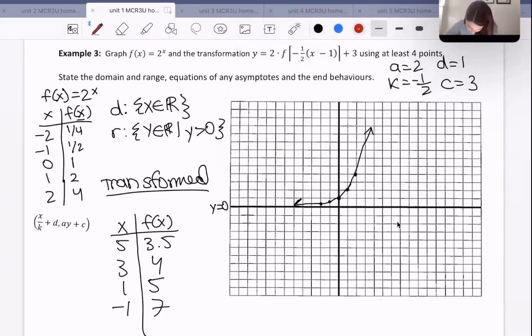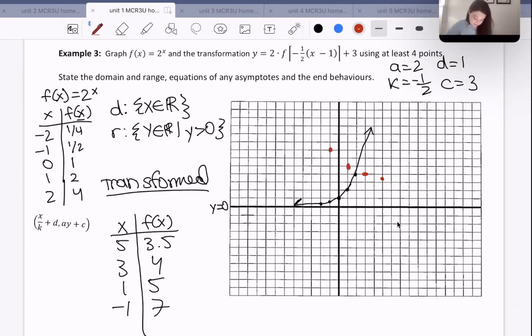All right. So let's plot these points as we normally would. And that should be here. Negative 1, 7.